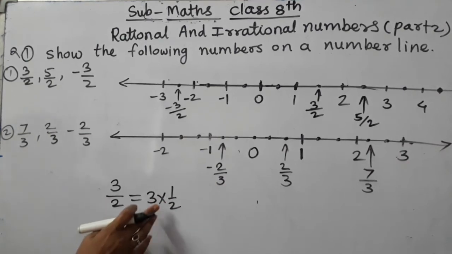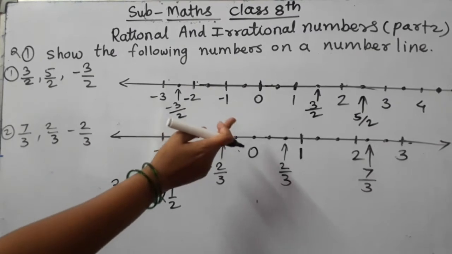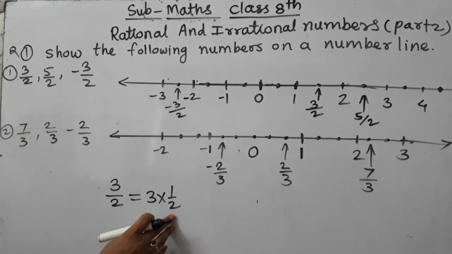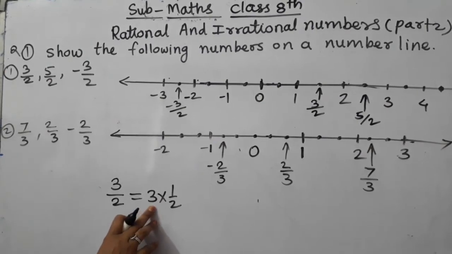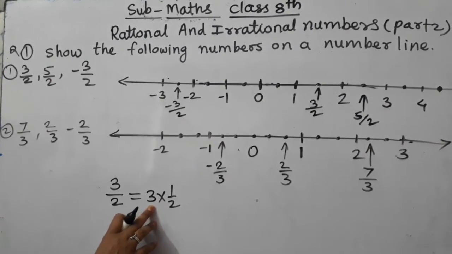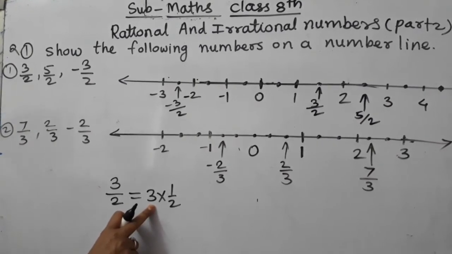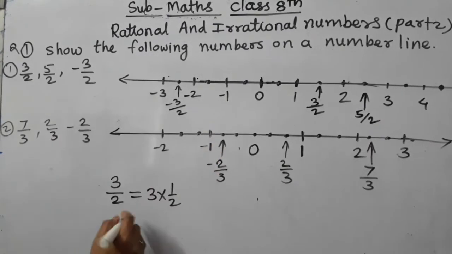Therefore, each unit on the right side of 0 is to be divided into 2 equal parts. The third point from 0 shows 3 by 2.